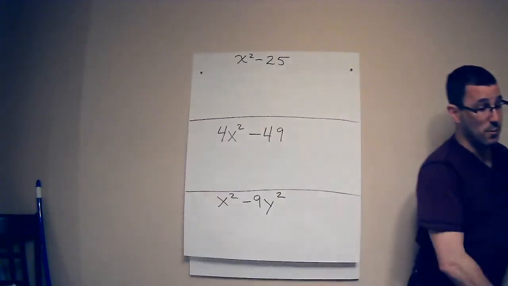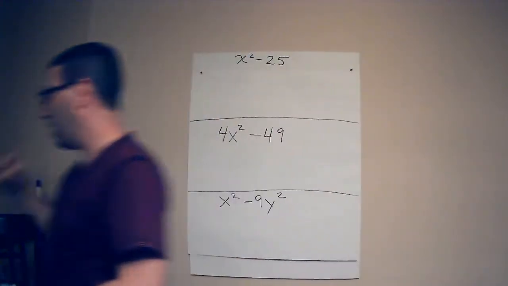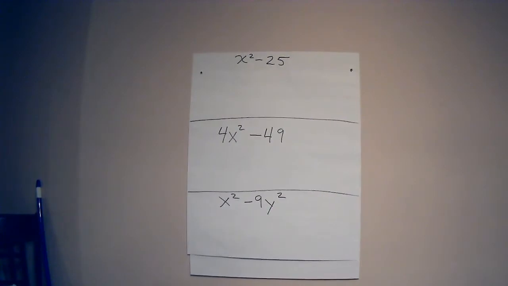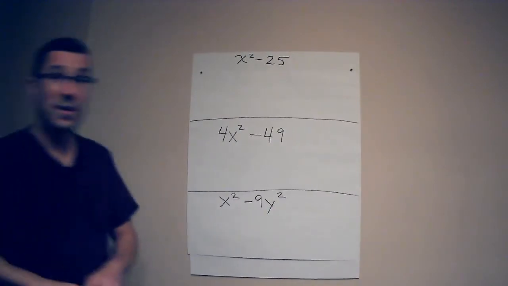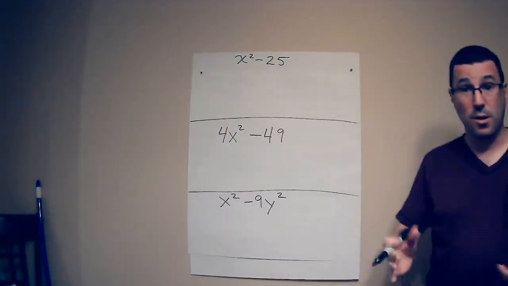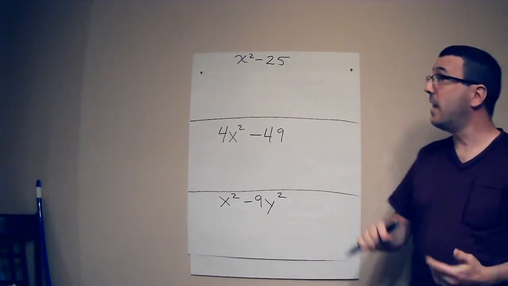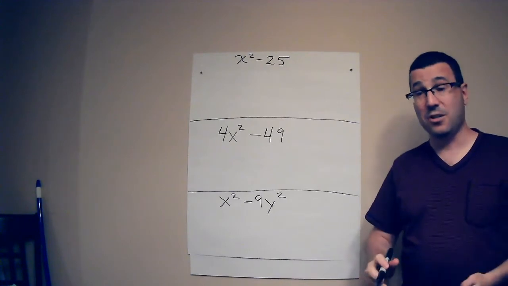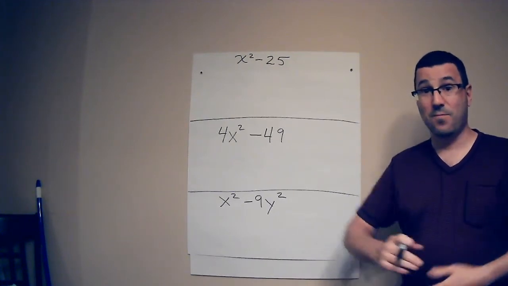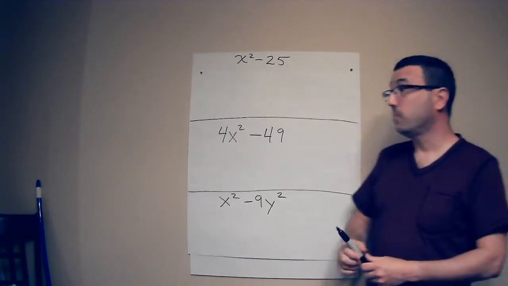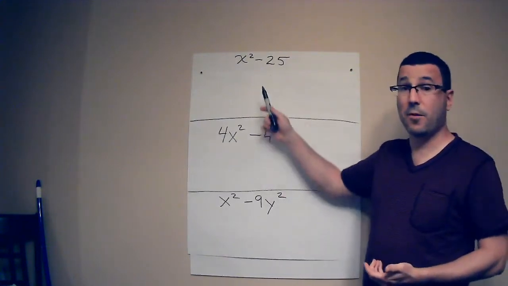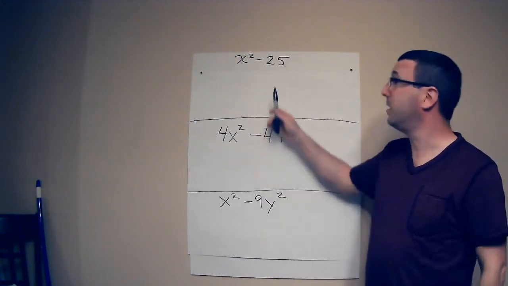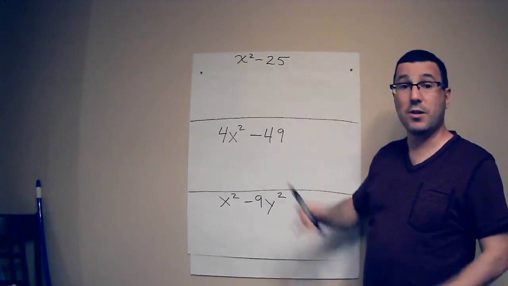And what I'm going to do is show you what to do in case you ever have to do this factoring. Now, the factoring for difference of two perfect squares is actually really easy, and I'll show you why. So I have my first one, x squared minus 25.